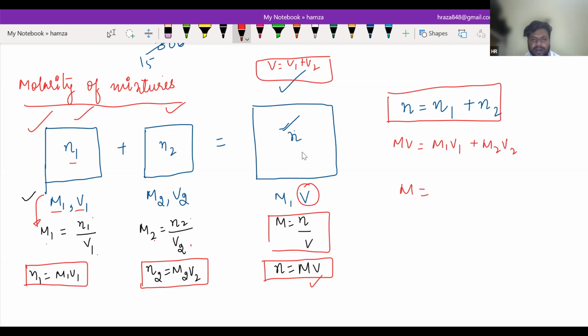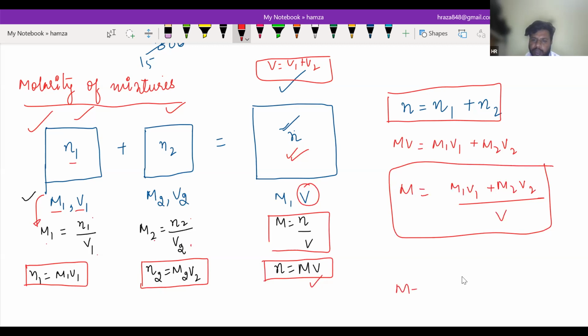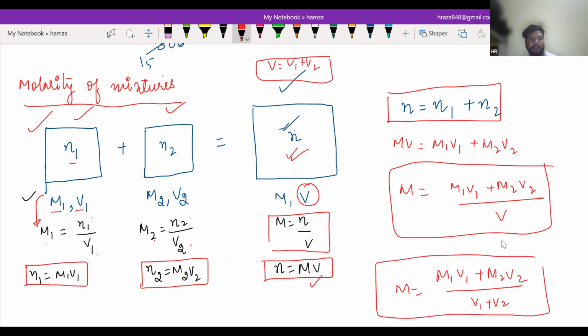Also, this M is basically the resultant molarity. M is equal to M1 V1 plus M2 V2 upon V, and we already know that V is equal to V1 plus V2. So M is equal to M1 V1 plus M2 V2 upon V1 plus V2. This is the formula for resultant molarity of a mixture.